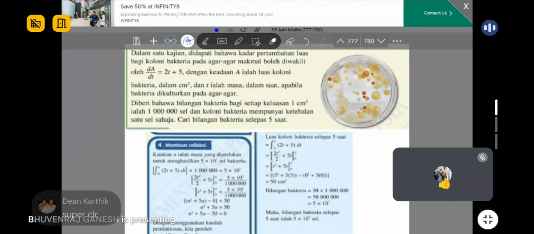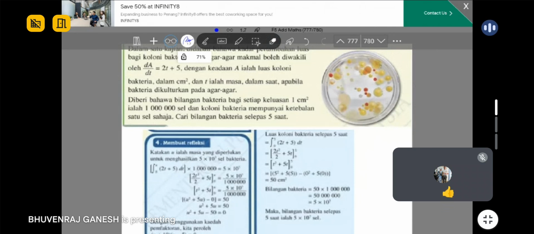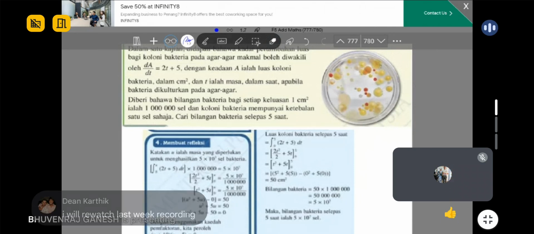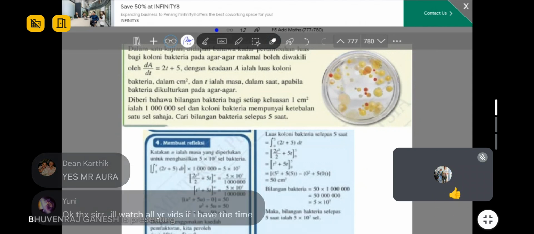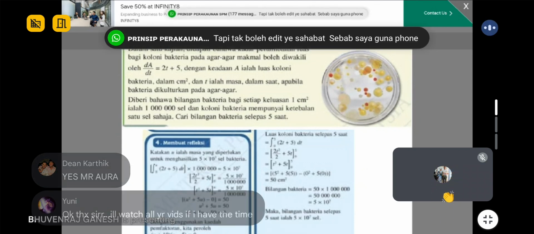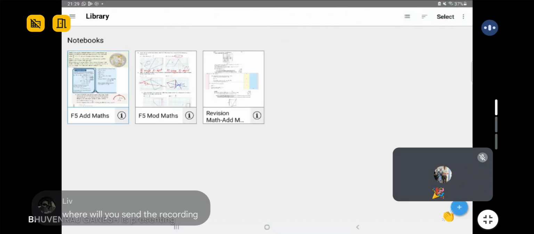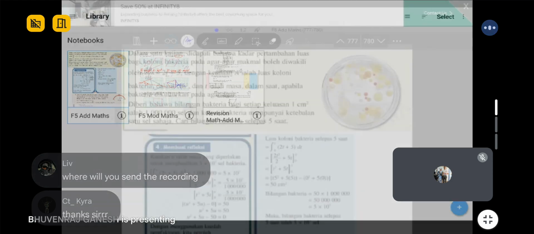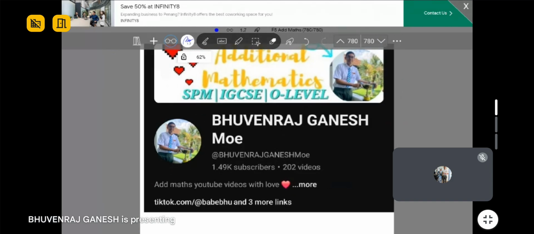Super clear. Not bad. Still got aura lah. The aura still got in my teaching. Okay. I'll rewatch last week's recording. Okay, good. Okay. Sure. Hopefully I still have the aura for next week also. Wait. This one. Over here. You can check over here.